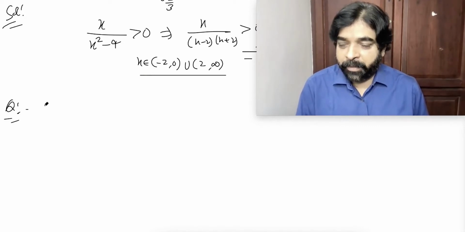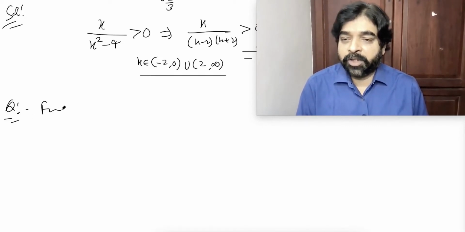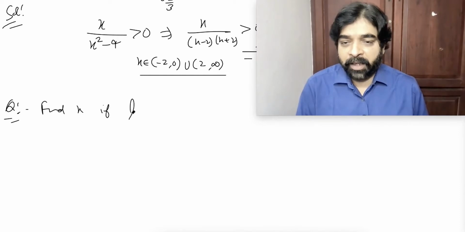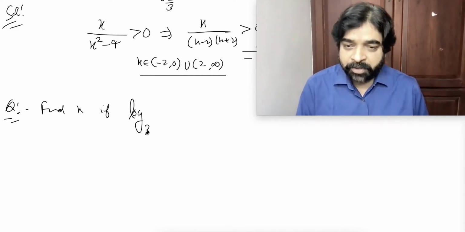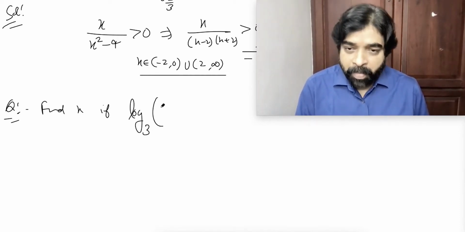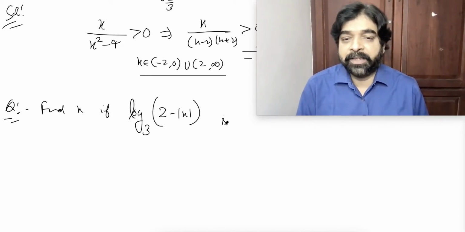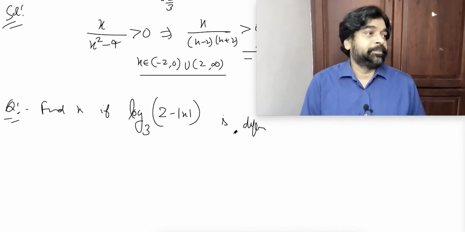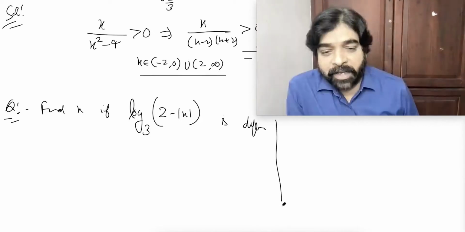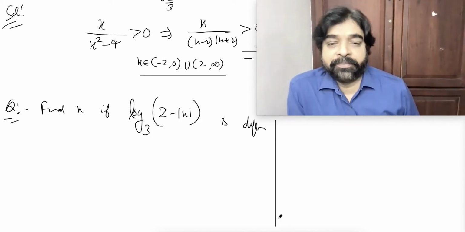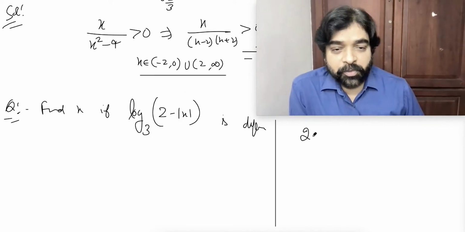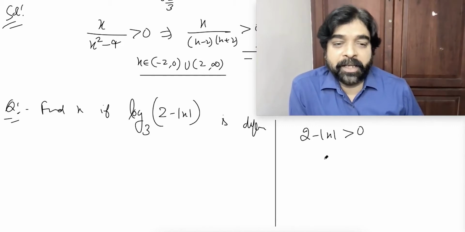Now this time everybody, same question, find x if log base 3 of (2 − |x|) is defined. Fine, you made a mistake. Check it here. This quantity should be positive, means 2 − |x| must be greater than 0.